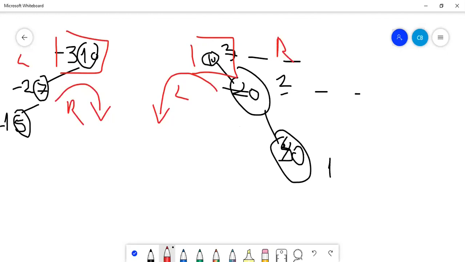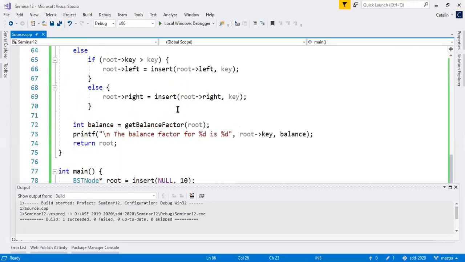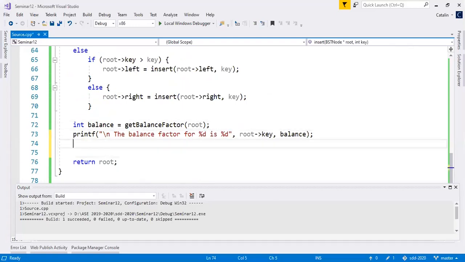Okay, so if I go back to the source code here, this is where we need to check. So the balance factor is, and these are the cases when we need to do it.